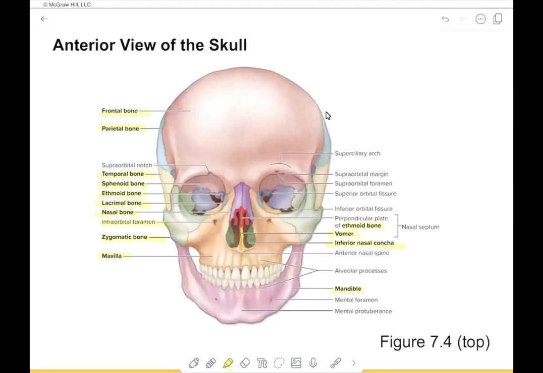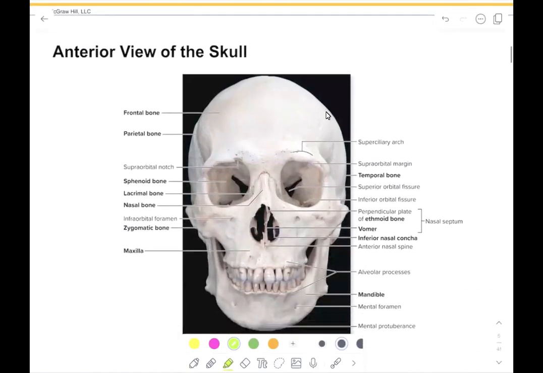Remember, foramen is a hole for, in this case, a blood vessel or a nerve. There's also a supraorbital foramen, the perpendicular plate of the ethmoid bone, alveolar processes, which are for the teeth, and the mental foramen. So you could just focus on the ones that I'm highlighting.